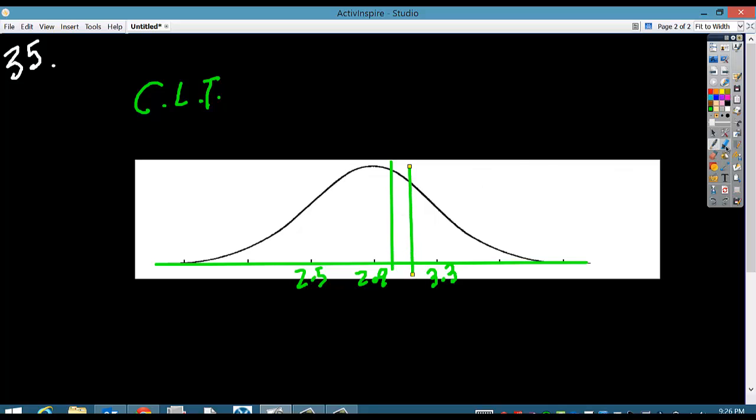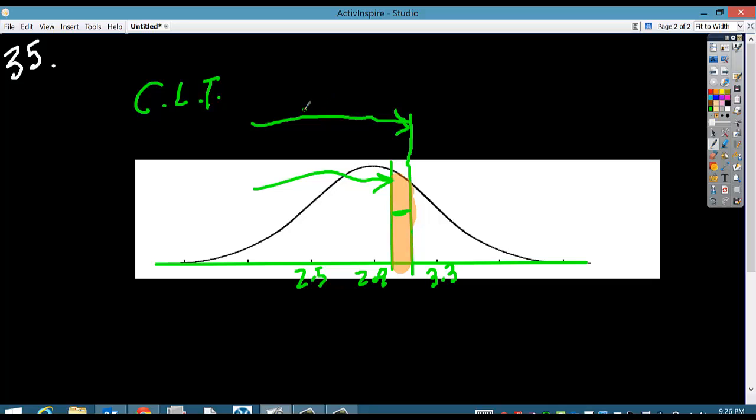So they're asking, what's the probability that we are between these two values? So we want this slice right here. Well, in that case, we need two areas, really. We need the area up to here, and then the area up to there, and then we need to subtract to get the area in between.